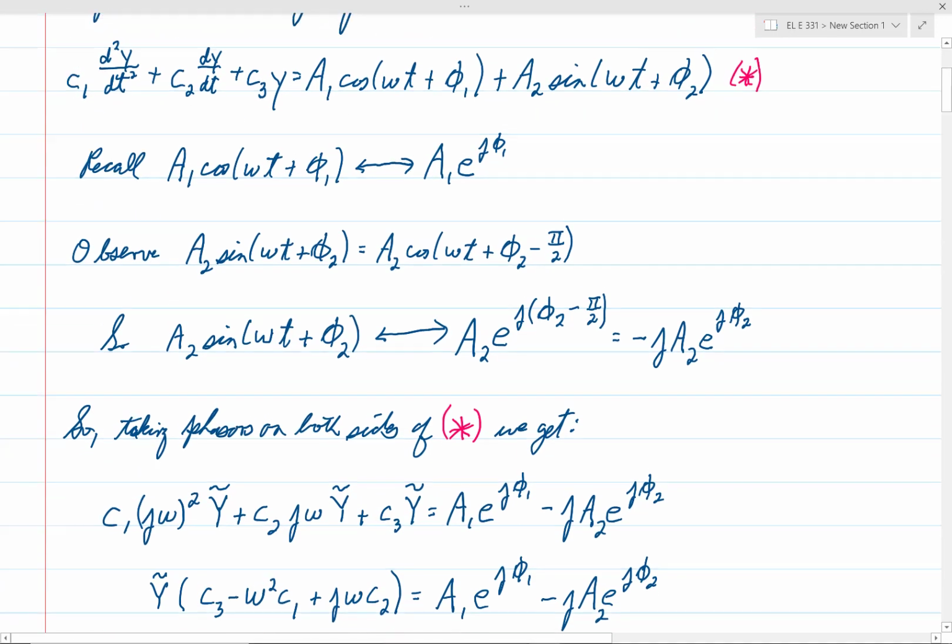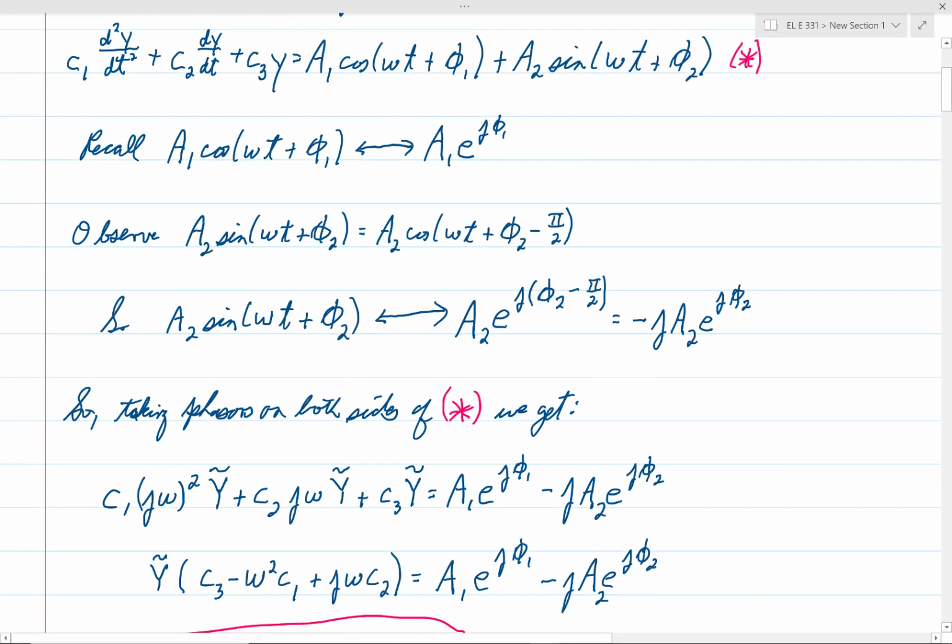So now we're ready to look at this equation that we have up here, take the phasors of each side, and solve the problem. On the left-hand side, remember that when you take the phasor of the second derivative, you get j omega quantity squared, and then we have this C1 and the phasor of y.